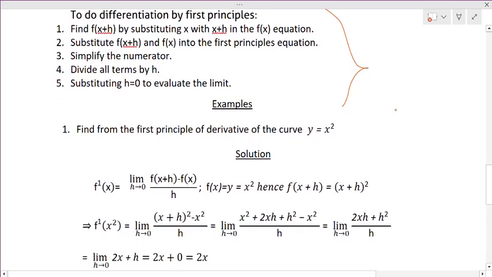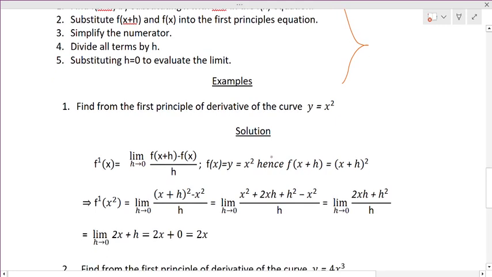It is very easy. So we have an example here which says find from the first principle the derivative of the curve y is equal to x squared. So you have to use the first principle to find the derivative of this function, right?